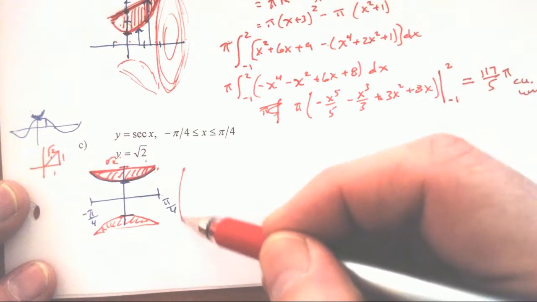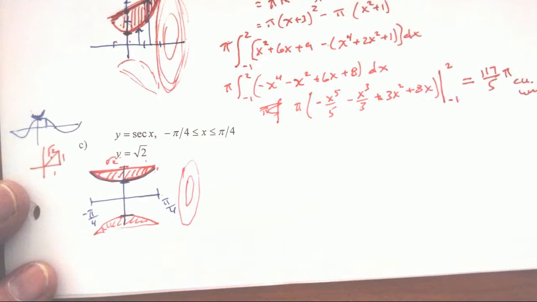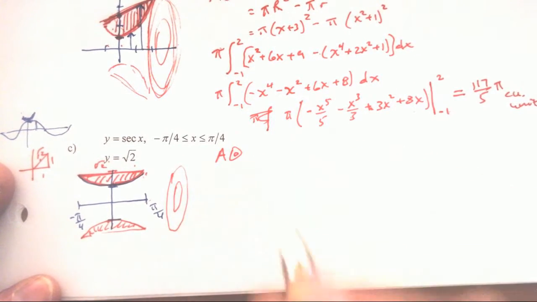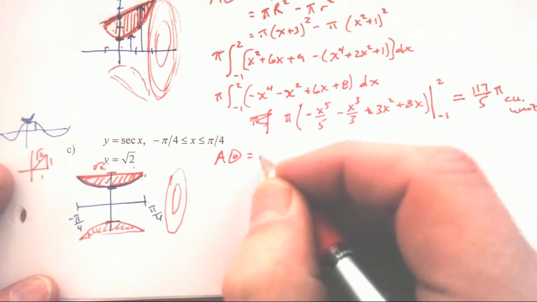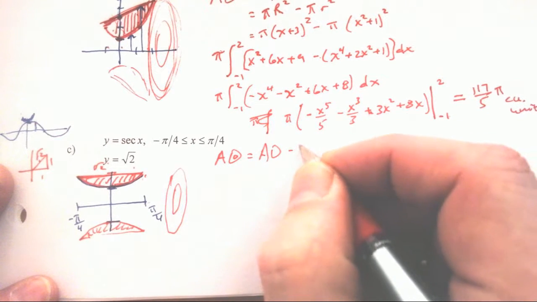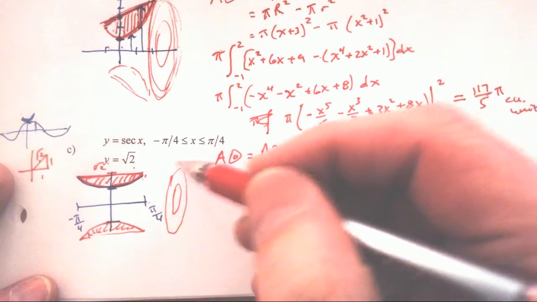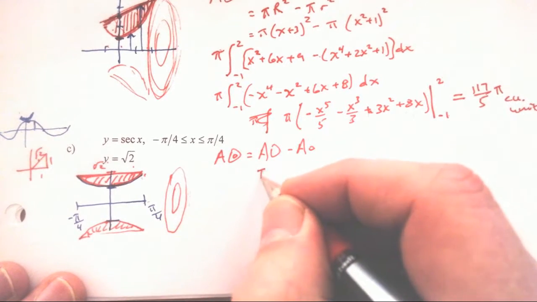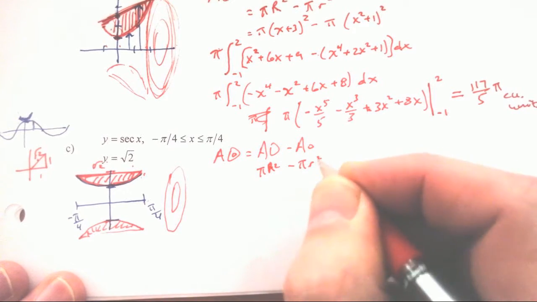So what are we dealing with here in our rotation? We definitely have a hole here. So here we go. We're going to get in this habit. Our area of our washer is the area of the big circle minus the area of the little circle. And the area of the big circle as we go around is pi R squared, big R, minus pi little r squared.